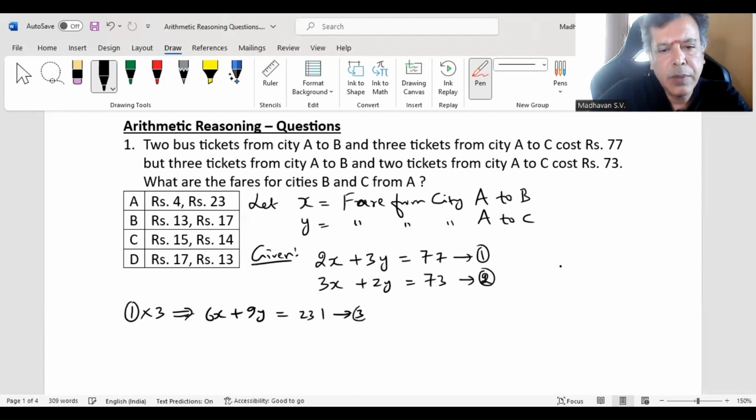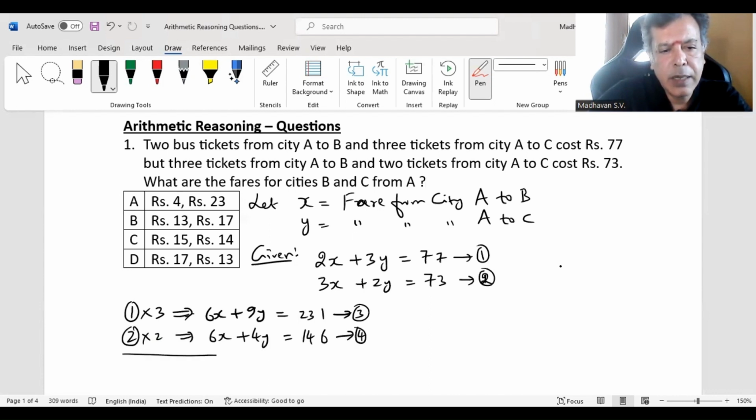Call this the third equation. And then the second equation, we will multiply by 2 to get 6x plus 4y equal to 2 into 73. 2 3s are 6, 2 7s are 14.